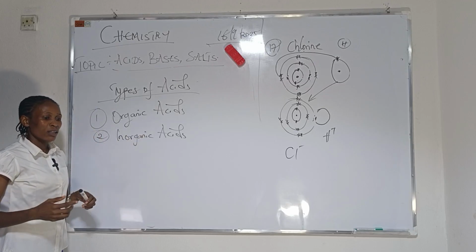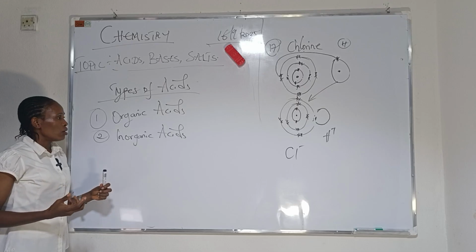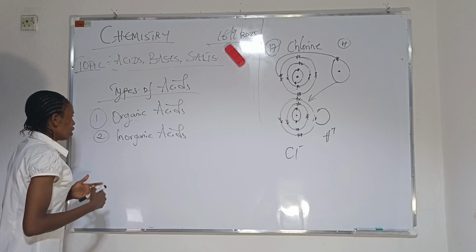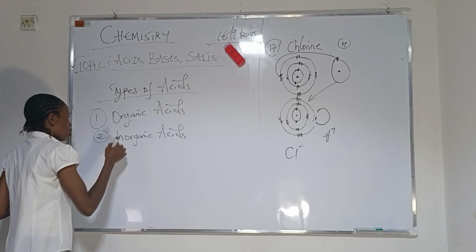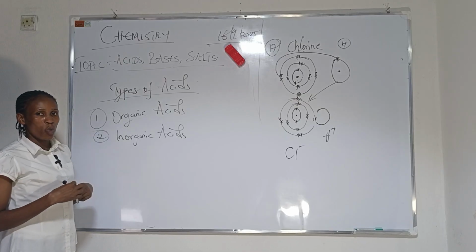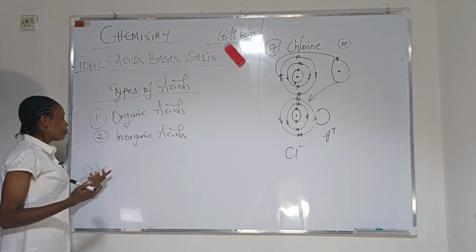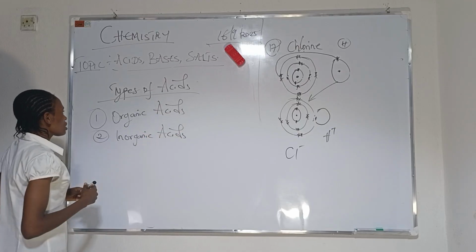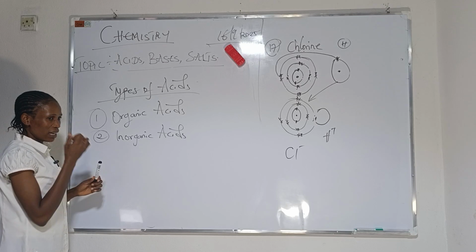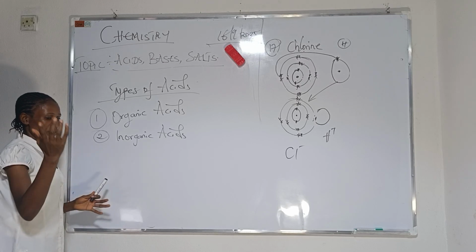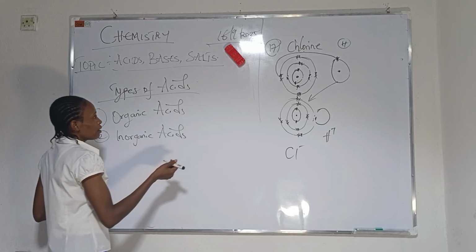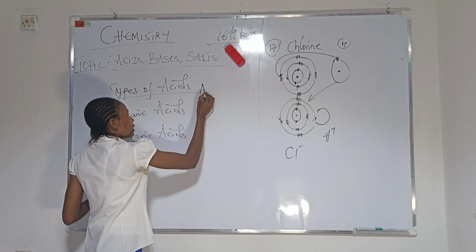Okay, organic. Whenever we hear organic, our mind should go straight to what? Natural. There are some acids that are there in nature. It did not undergo any laboratory work or preparation in order for it to come on board. Okay, let's start with the first one, which is organic acid. I'm going to give you examples of it. I have, let's say, ascorbic acid.